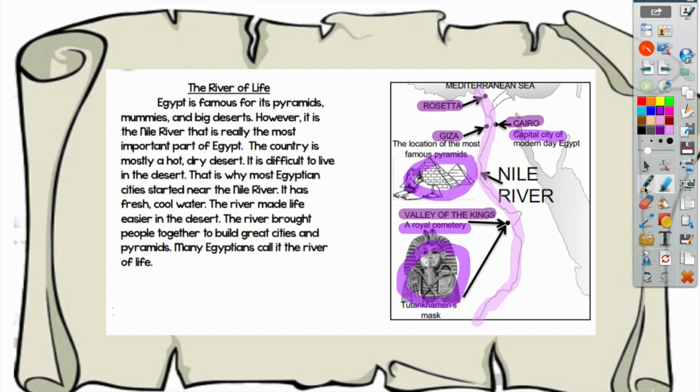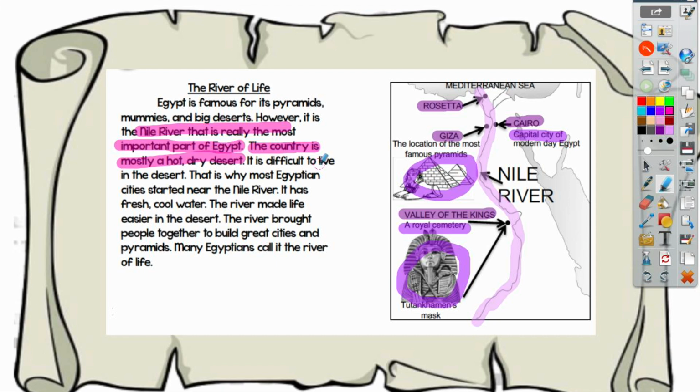Now that we've looked over our map, let's go back to the text and see if we can find some important facts that we want to highlight. One thing that they said that I thought was very important is that the Nile River is the most important part of Egypt. It goes on to say that it is so important because the country is mostly a hot, dry desert.